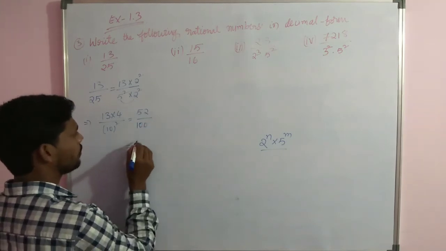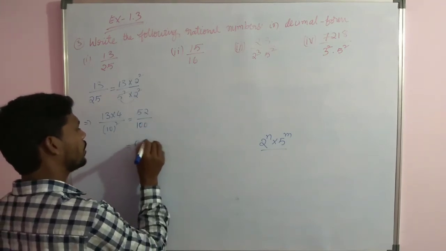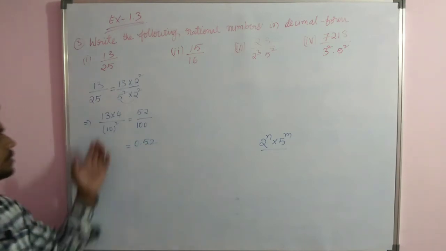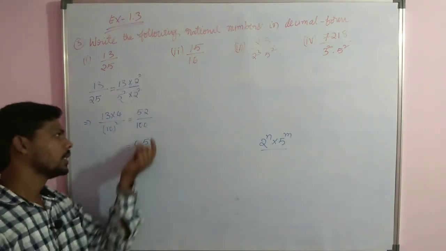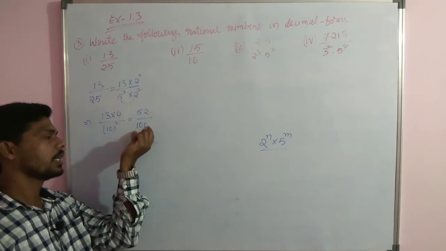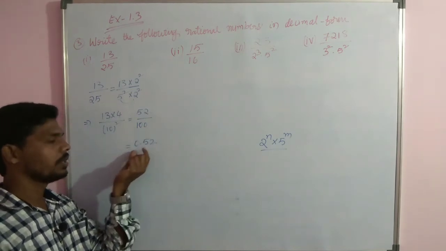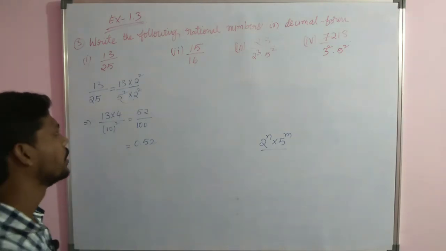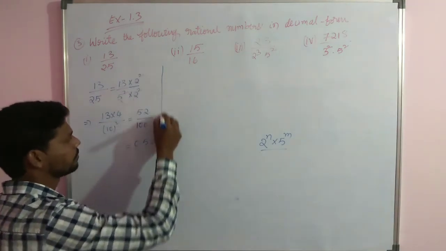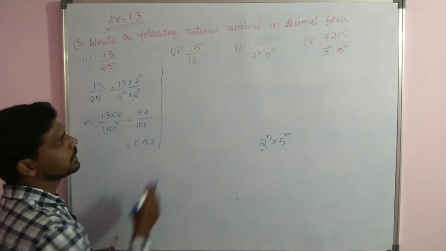Then its decimal form is 0.52. The denominator is 100, so the decimal point goes 2 digits from right to left.